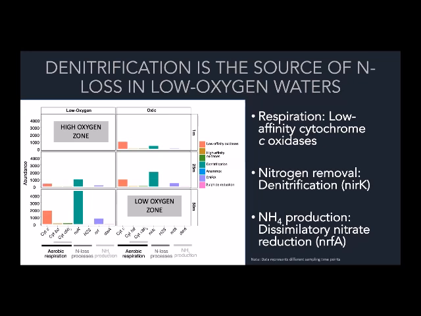And these processes require ammonium for them to happen. And in our case, in purple, you're seeing dissimilatory nitrate reduction. There are organisms capable of doing that in our low oxygen water, so they're probably supplying the ammonium into the system.